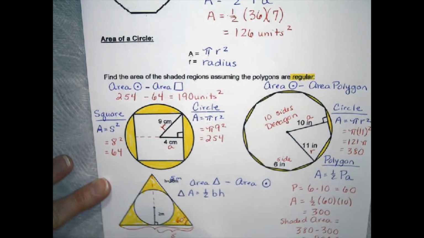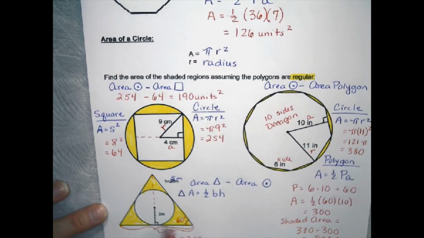That's the property of a special right triangle with 30, 60, and 90 degree angles. So in doing that, I would find 5 over the square root of 3 is actually equal to 2.88, but I want the base of the entire triangle.